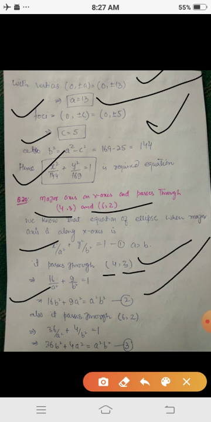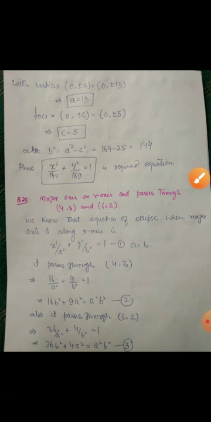Name it equation second. Also it passes through the point (6, 2), which implies that on substituting x equals 6, y equals 2 in the first equation, we get 36b square plus 4a square equals a square b square. So from the second and third, we have to find the values of a square and b square.